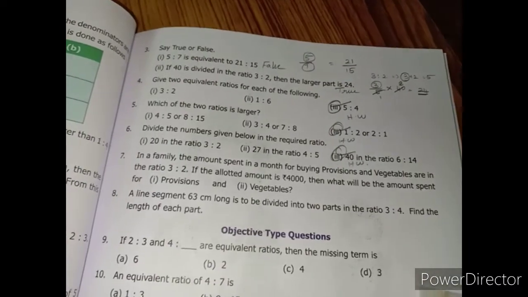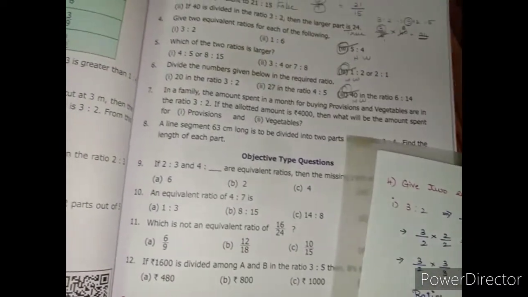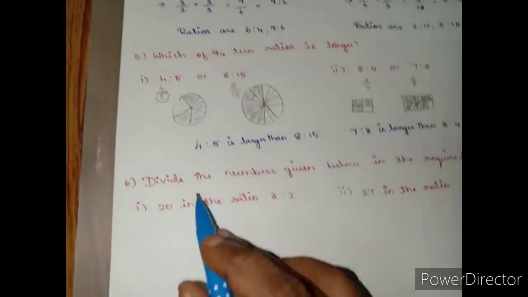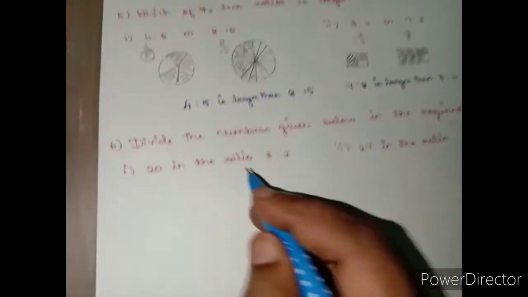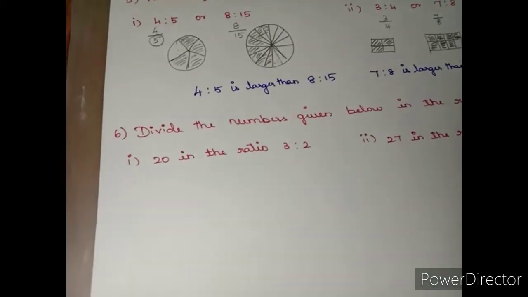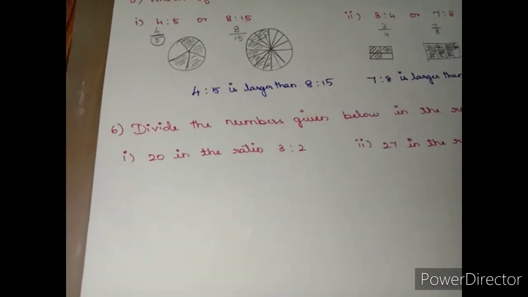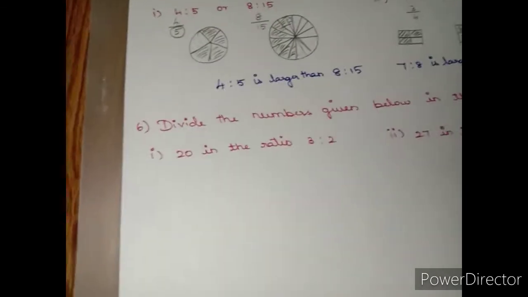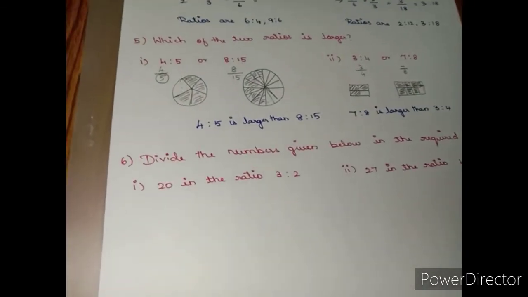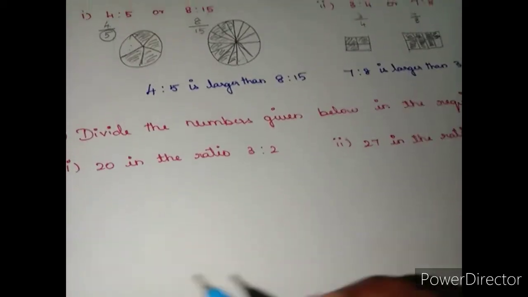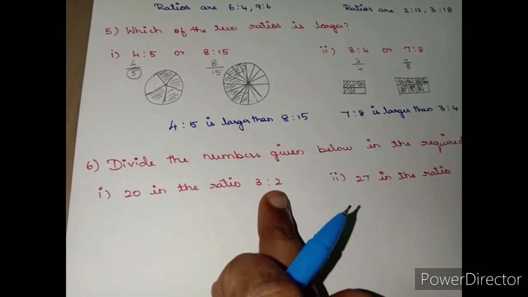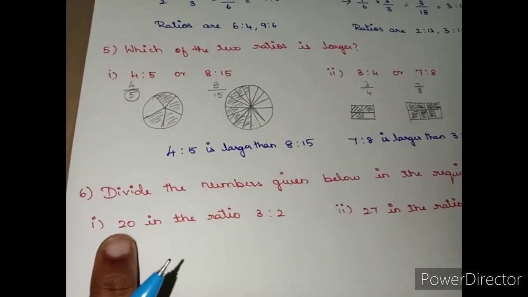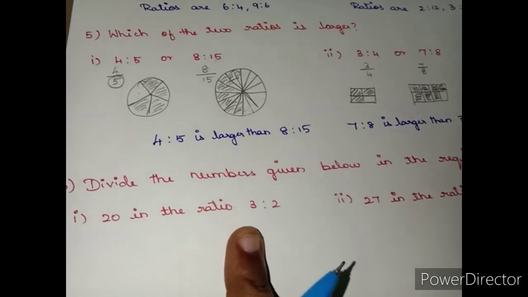Shall we go with the next sum? See the question. Divide the numbers given below in the required ratio. See the first question. 20 in the ratio 3:2. The same type of sum we have seen in true or false. So I went a little faster there. We will see it very clearly now. So we are going to divide this 20 in this ratio.